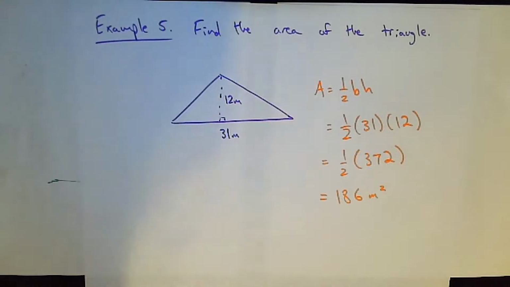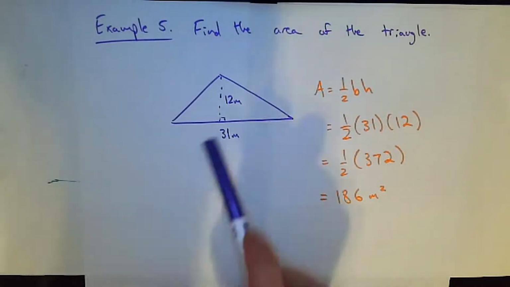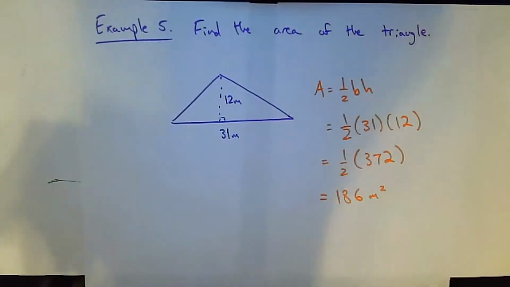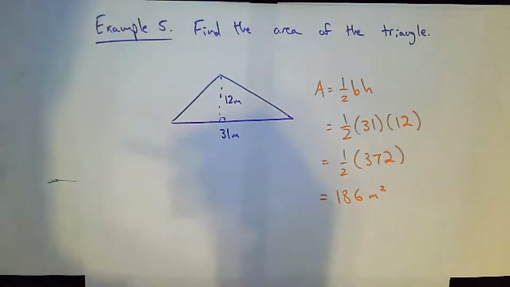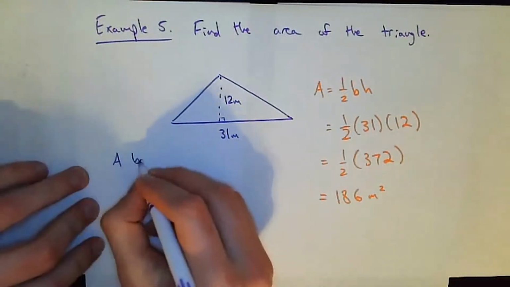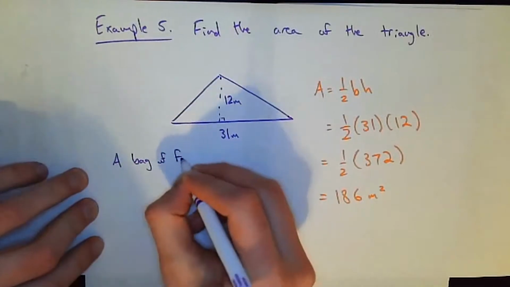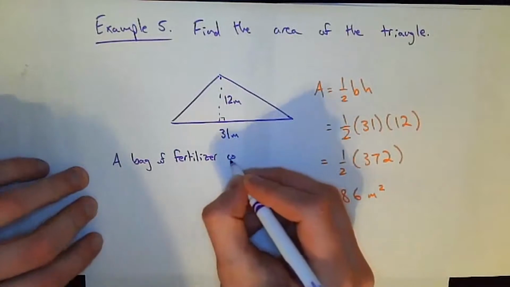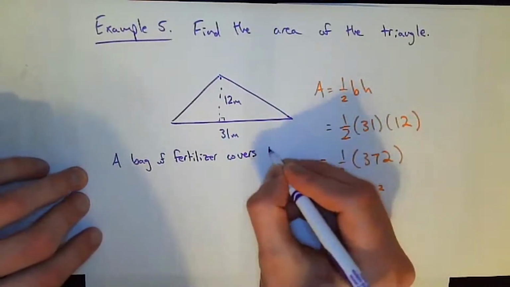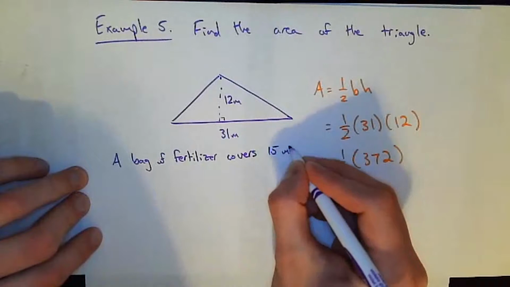Now let's say, following along in example 6 from the text, a farmer is wishing to fertilize this triangular plot of land. Why does he have a triangular plot of land? Who knows? But he does, and he's trying to fertilize it. And a bag of fertilizer covers 15 square meters.